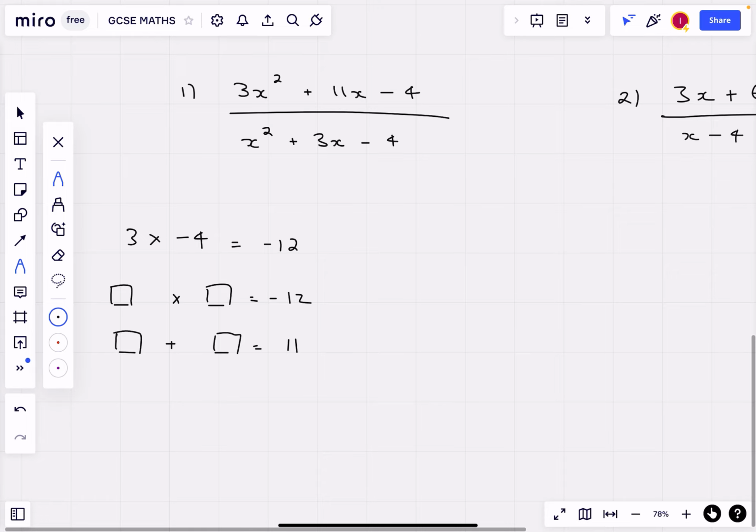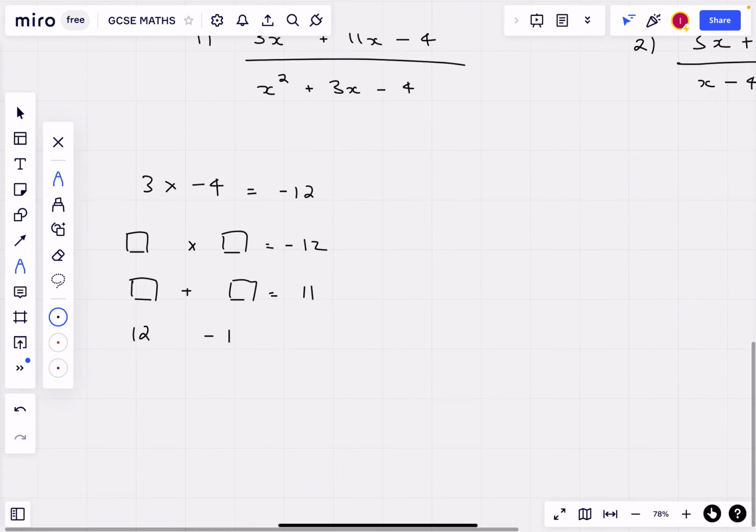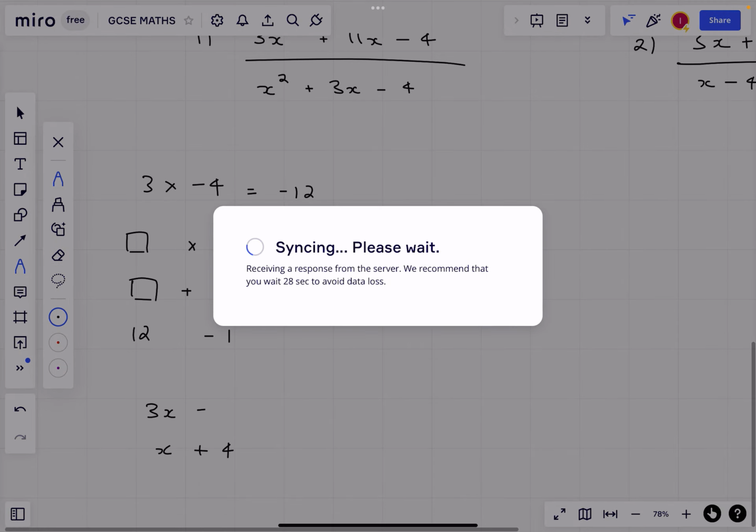In this case, we're going to go with 12 and minus 1. Then we split 3x squared into 3x and x. We divide our factor with the coefficient where possible. 12 is divided by 3. We write the answer opposite. We write whatever's left.